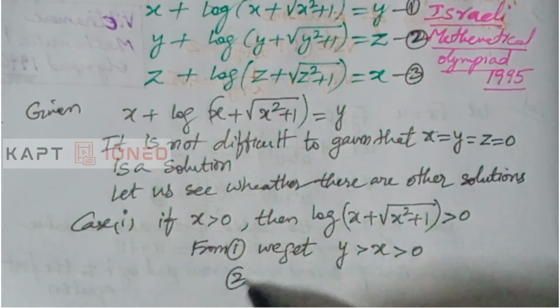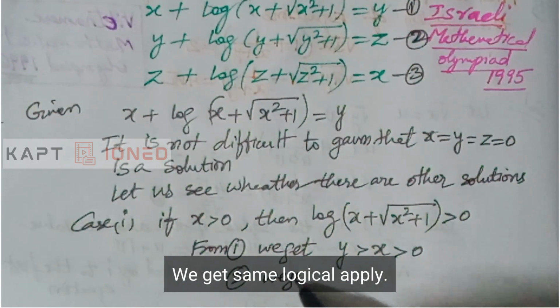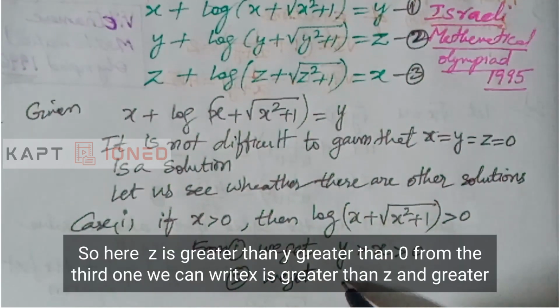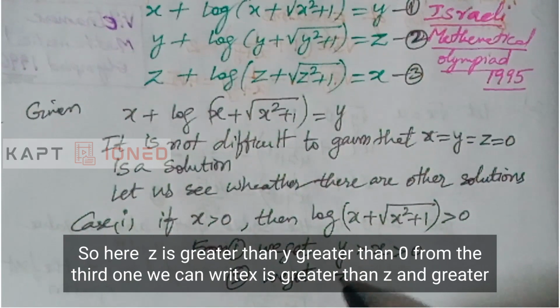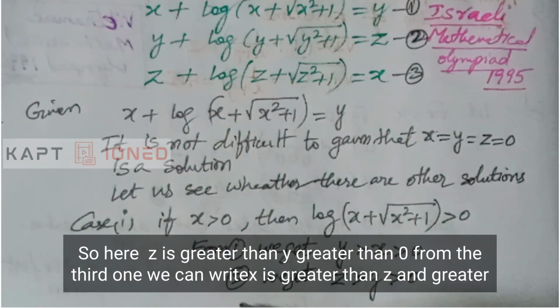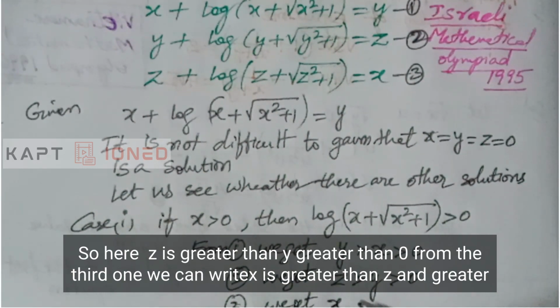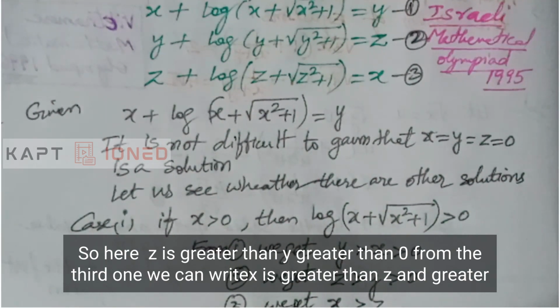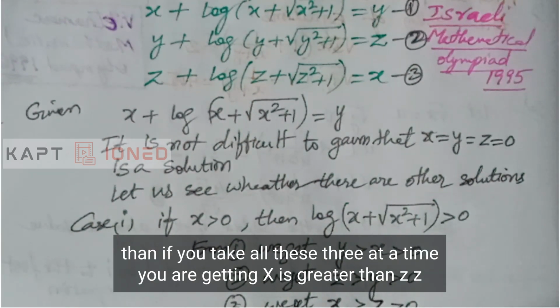From the second one, the same logic applies, so z is greater than y greater than 0. From the third one, we get x is greater than z greater than 0.